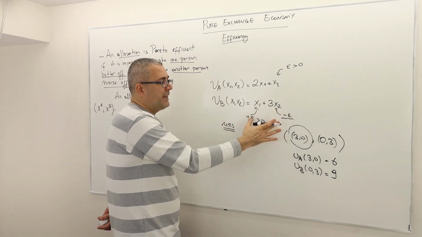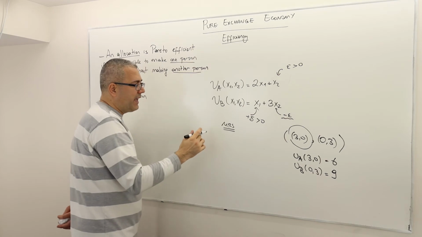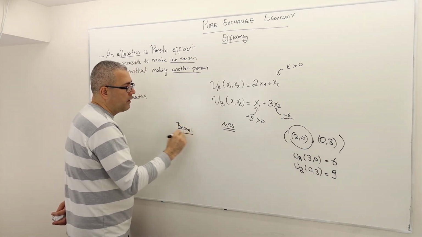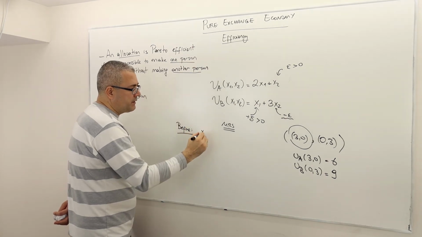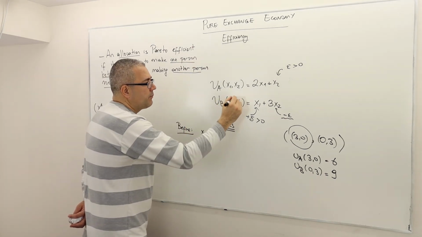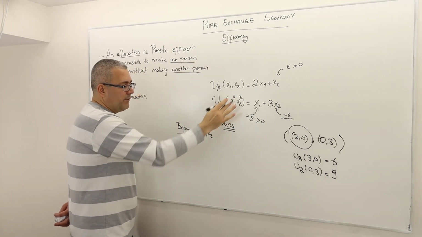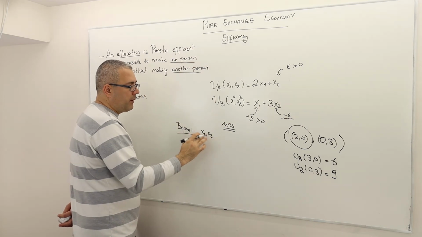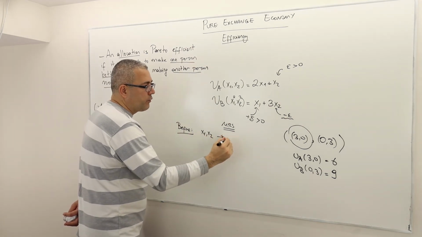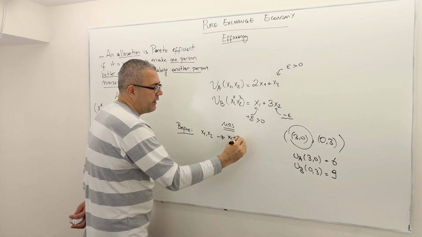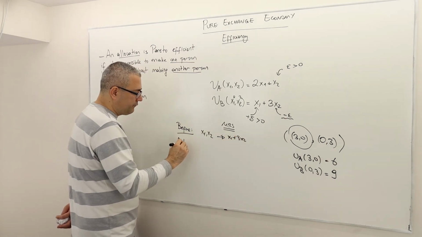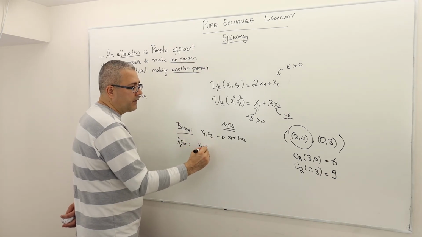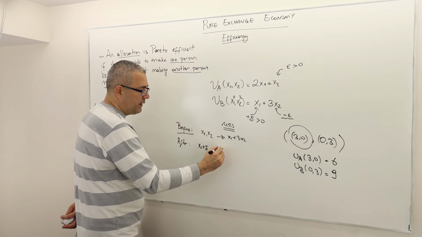So with this additional change, what I have is the following. Before, Bob's consumption is x1 and x2. These are Bob's, let's suppose, so I am ignoring the superscripts. Before, Bob is consuming x1 and x2, and therefore the utility is x1 plus 3x2. After, Bob is consuming x1 plus delta and x2 minus epsilon.